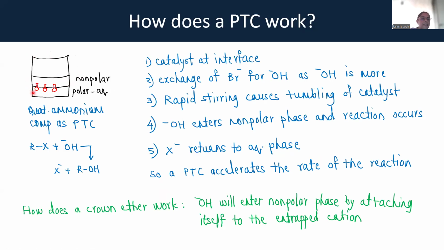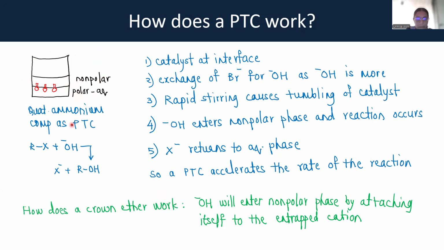This is a beaker, suppose. There is a polar aqueous compound, non-polar solvent on the top. Now, a phase transfer catalyst is a molecule that sits at the interface. So, its polar part points to the aqueous solvent and non-polar part points to the non-aqueous solvent.